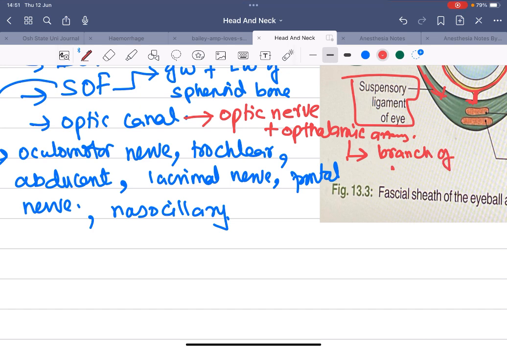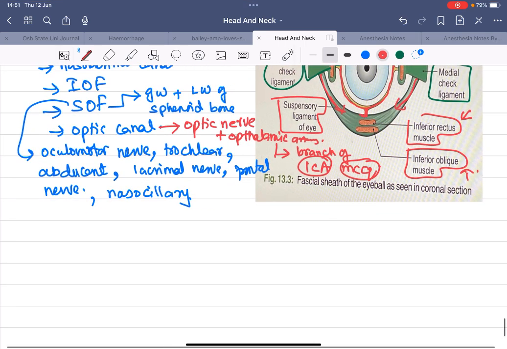This is also your MCQ. The ophthalmic artery, which is giving blood supply to the eyeball, is a branch of the internal carotid artery, giving blood supply to your eye muscles, to the eye. So this is also important.